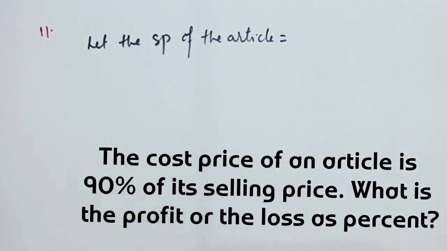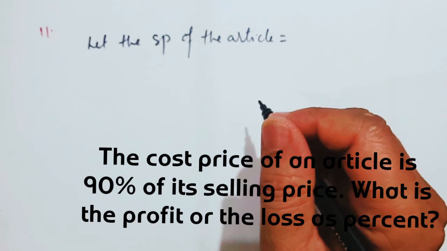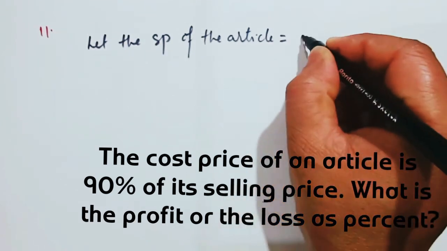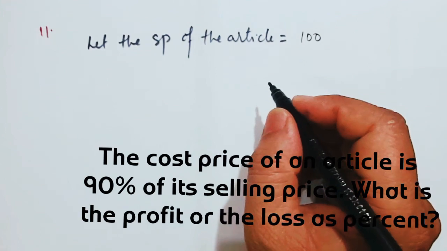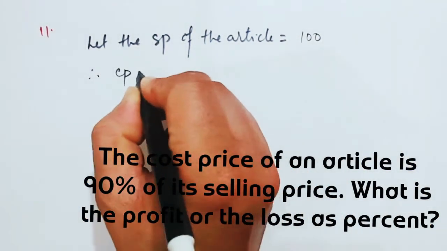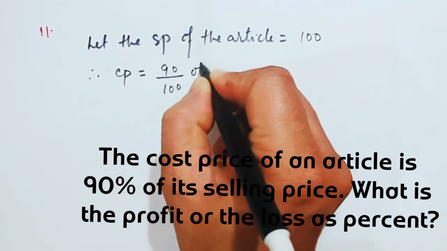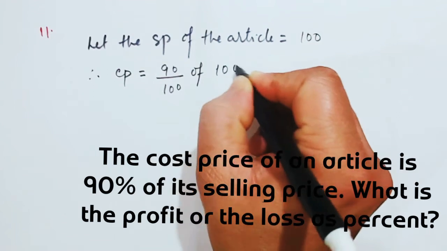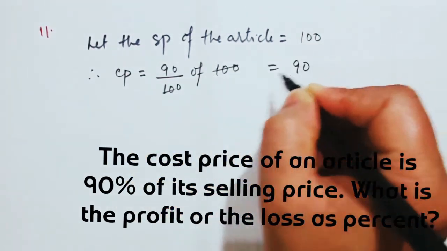Let me choose another pen; I am not happy with this one. So the cost price is, therefore, 90% of 100, equal to 90.